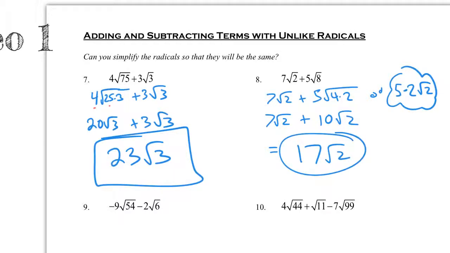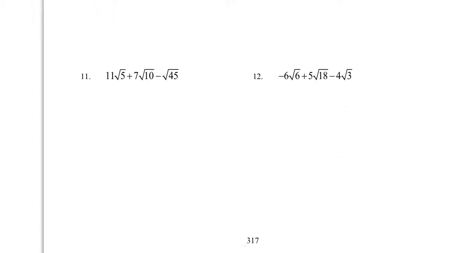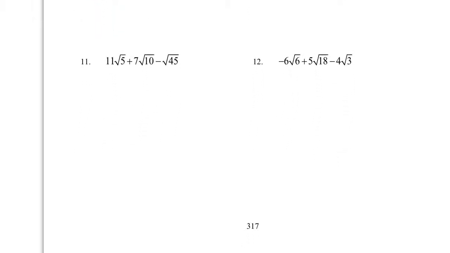Let's do one more at the bottom of the page here. Let's do number 11. Okay, so on 11 here, we've got 11 root 5 plus 7 root 10 minus root 45. Let's see if I can get them all to be the same here.